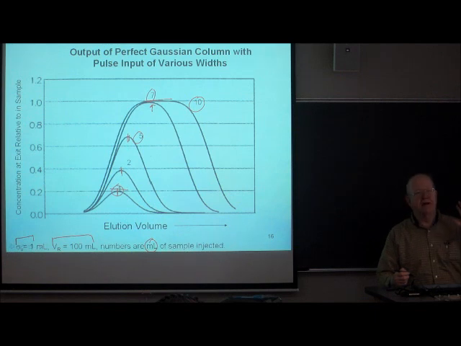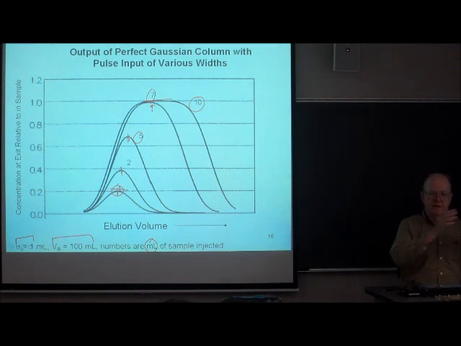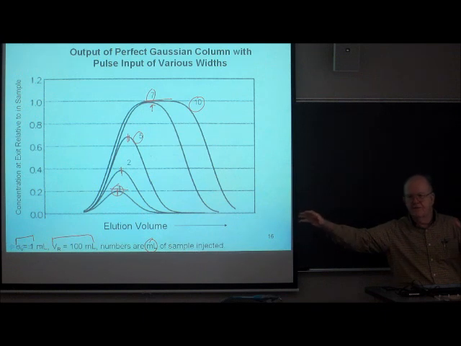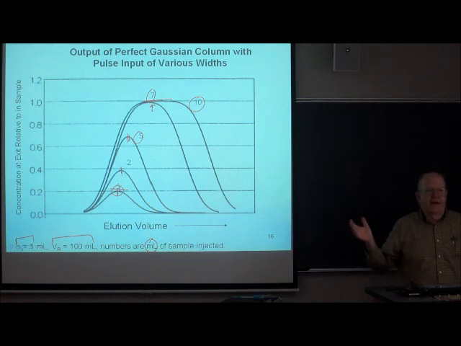And if I inject a larger volume yet, say 20 milliliters, the height of the peak is not going to get any bigger. The reason is you've totally flooded the column. What's coming out of the column is the same concentration as what's going into the column, and it can't possibly exceed that. That would require you to make mass inside the column. It would be the opposite of destroying mass.